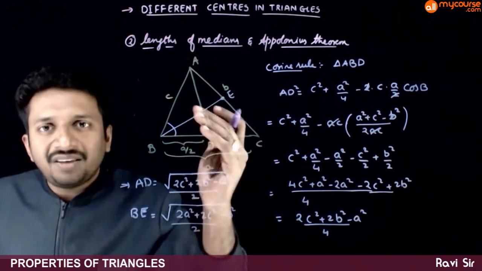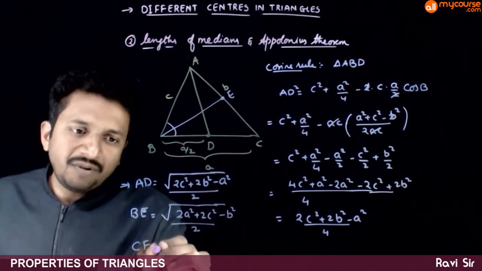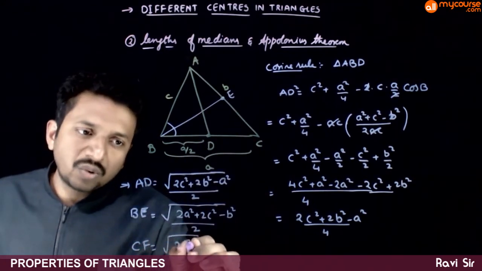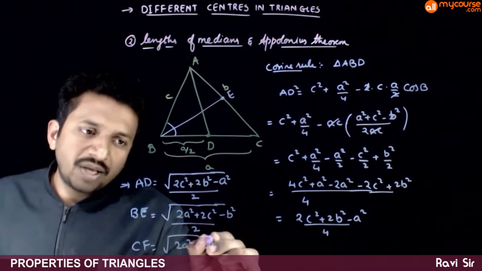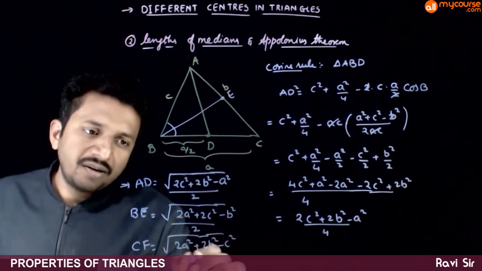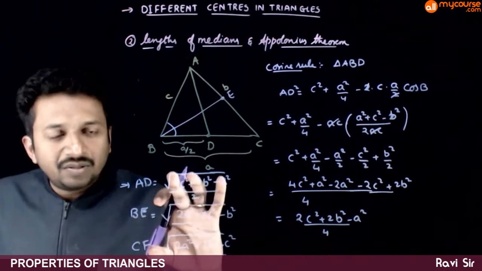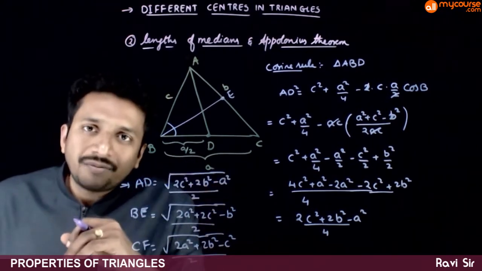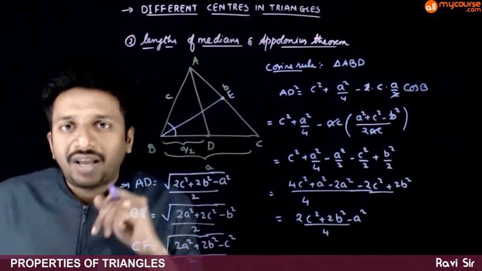Similarly, CF will be equal to root of 2a square plus 2b square minus c square by 2. So this will give you the lengths of the medians of the triangle.